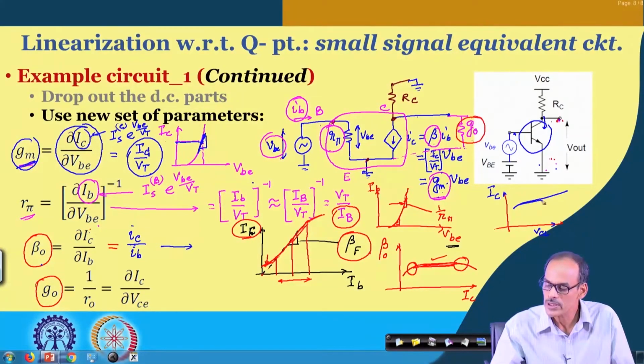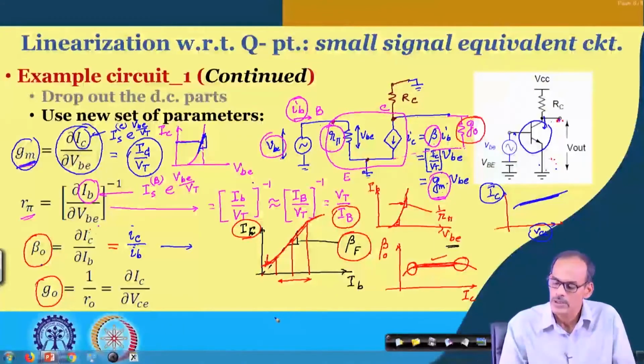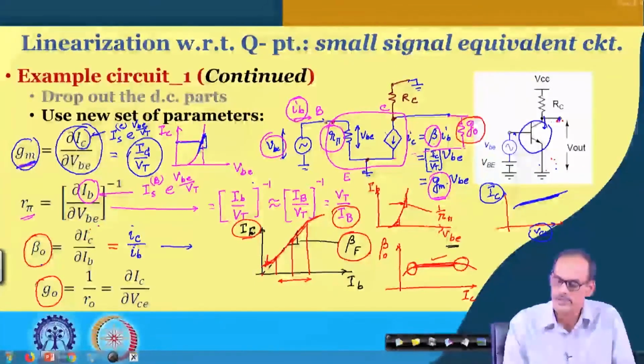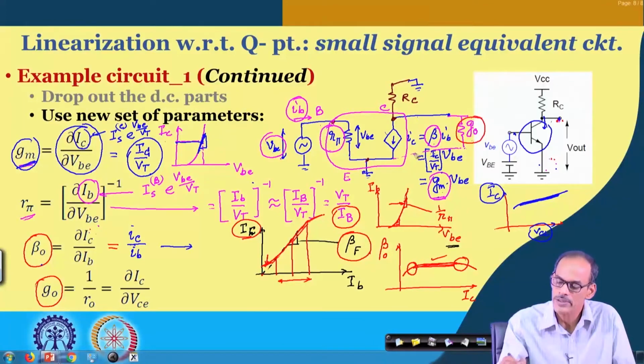In other words, if we observe the collector current while varying the VCE, there is an increment of the current. If I increase this voltage, the total current increases, which means the total current is not completely defined by the condition at the base. In fact, some part is also dependent on this one.